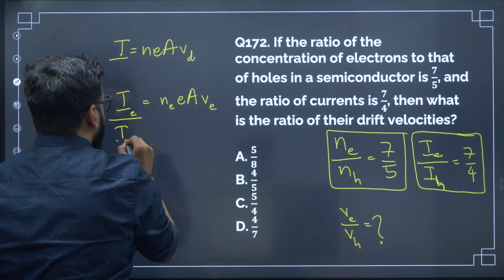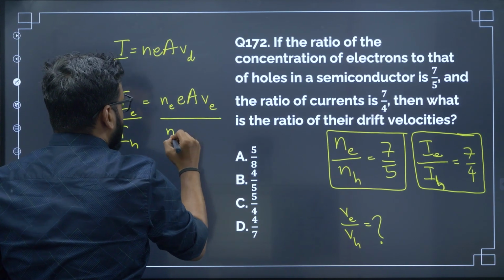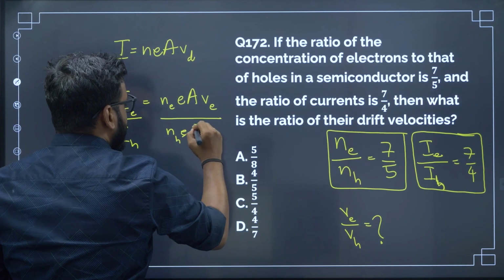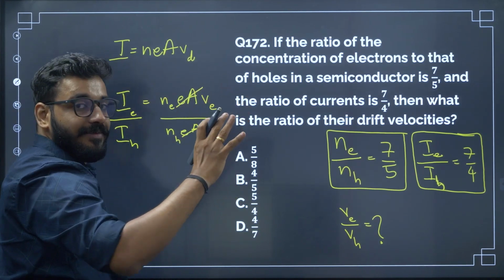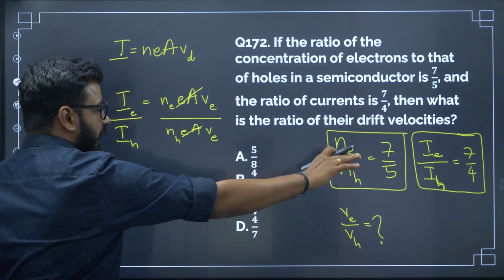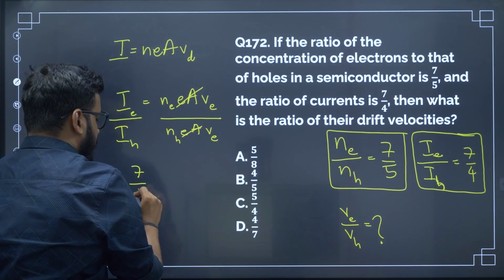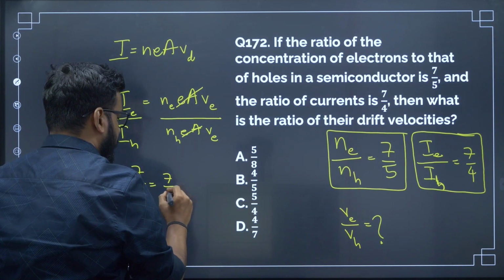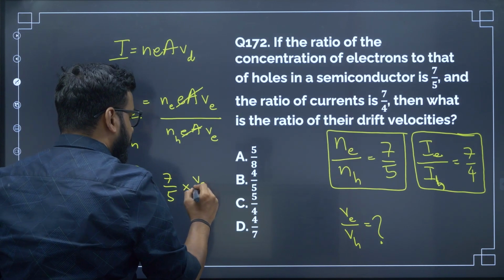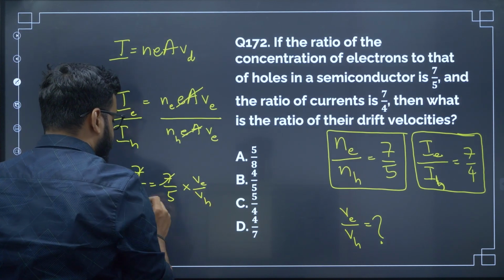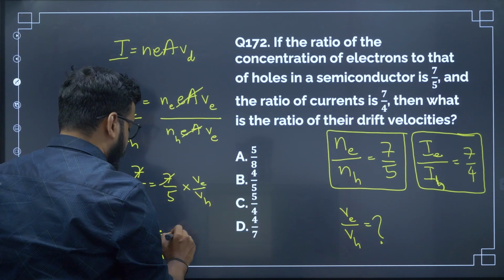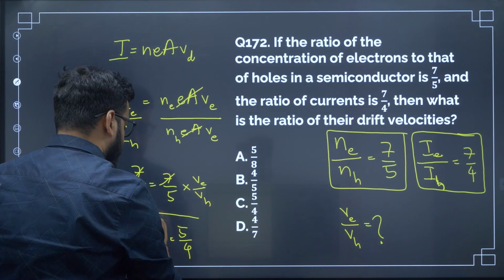Current of holes is equal to number of holes, charge, area and drift velocity of holes. Here E and A are constant, they will get cancelled. IE by IH is given as 7/4 and NE by NH is given as 7/5 into VE by VH. So it is essentially VE by VH is 5/4. That's it.